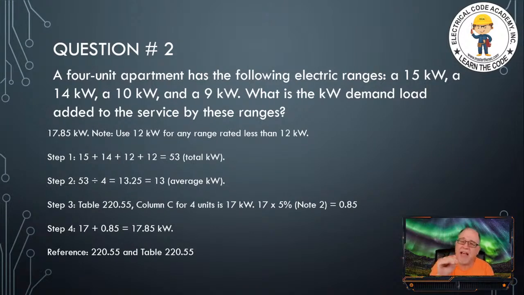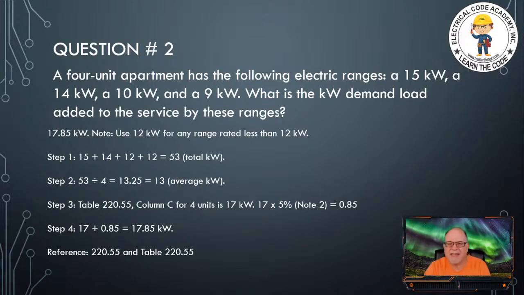What is the demand value for 4 ranges in column C? That was 17 kW. Now we apply that 5%, which was 1 kW over 12 because our average was 13 kW.